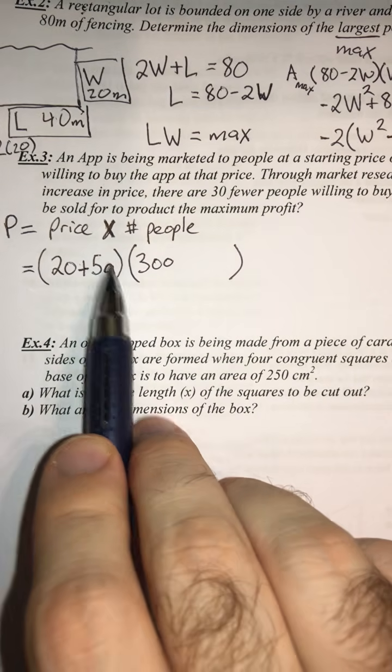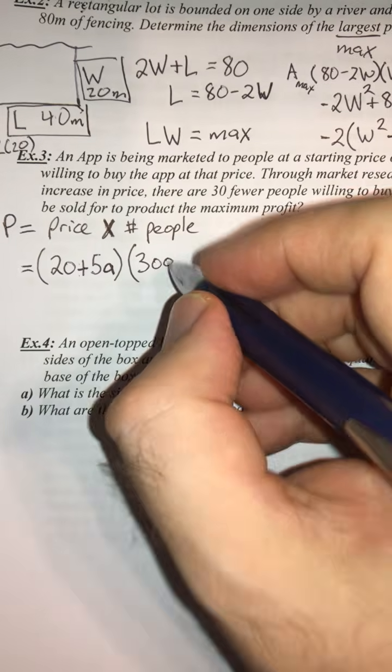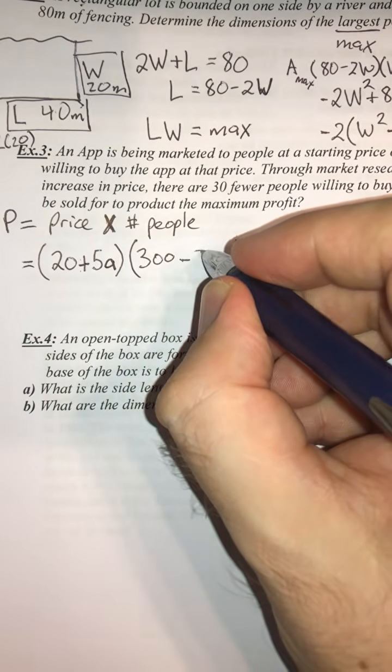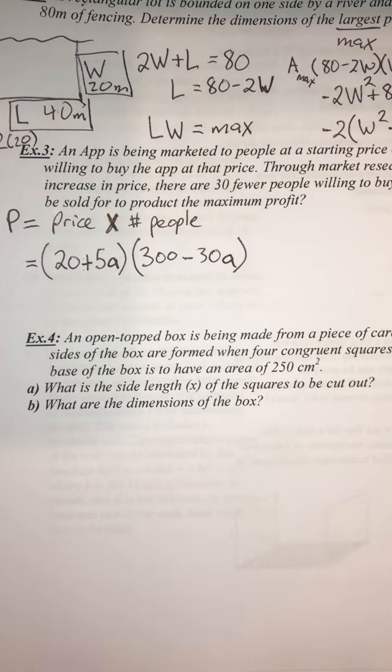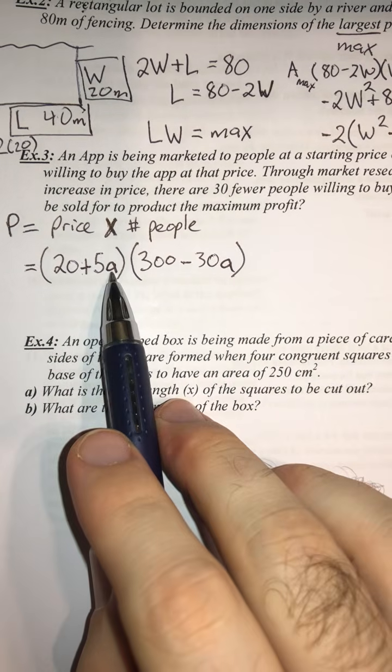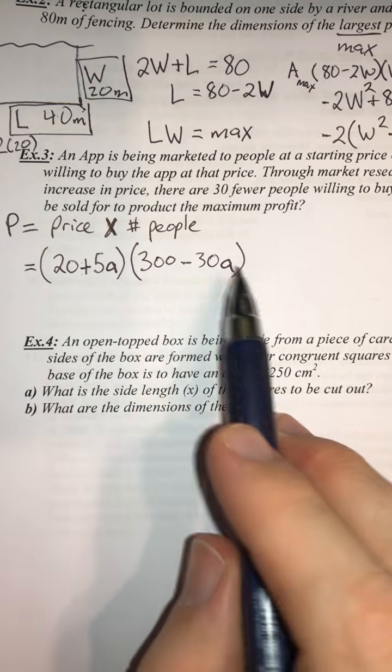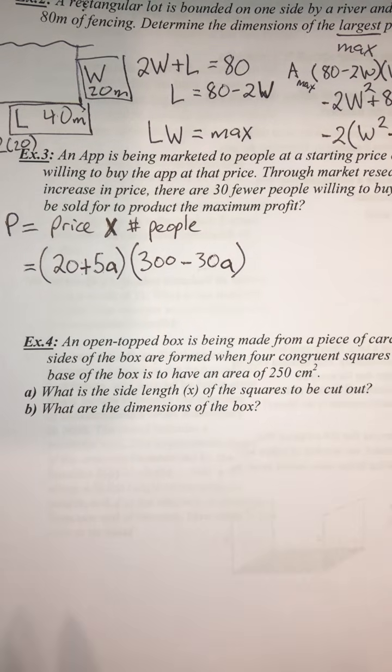Every time I increase by 5, I'm going to lose 30 people. Every increment I increase my price by 5, I'm going to lose 30 people who are going to buy it. So this is the equation that we're going to use.